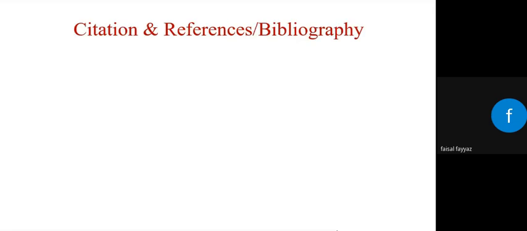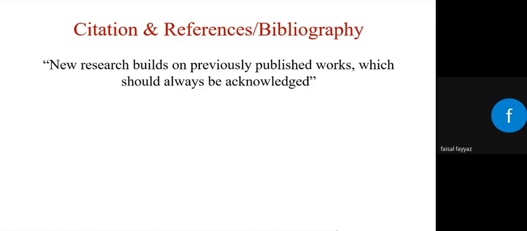Citation, references, and bibliography: we know very well that new research builds on previously published works, which should always be acknowledged. Research has different types and ways. One way is generating a new idea, and the other is extending someone's research idea and enhancing its potential and boundary, or adding more features to it, due to which it becomes valuable in the world.